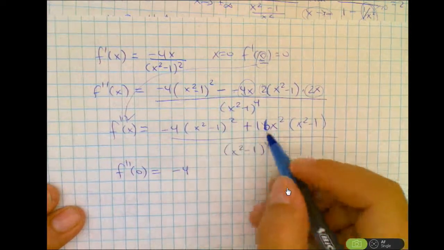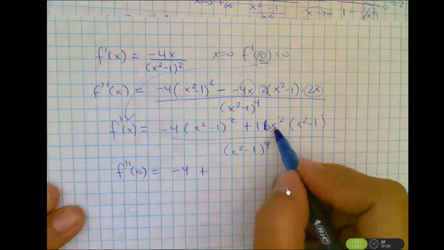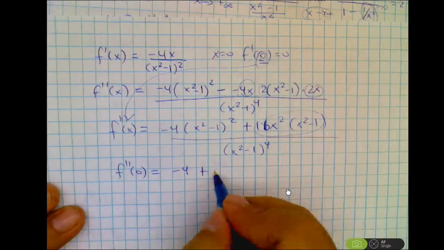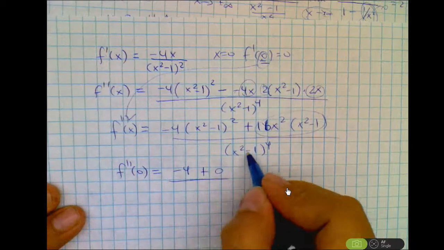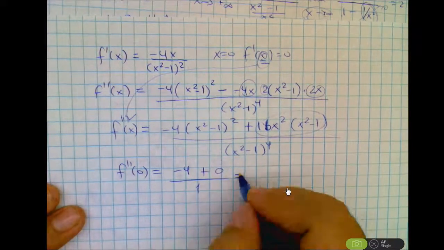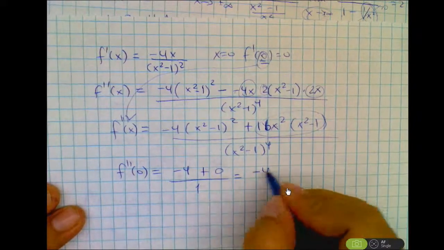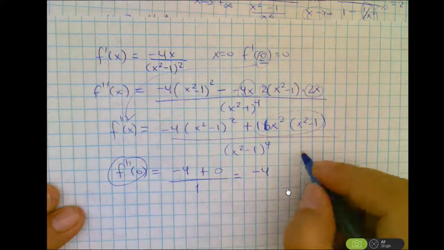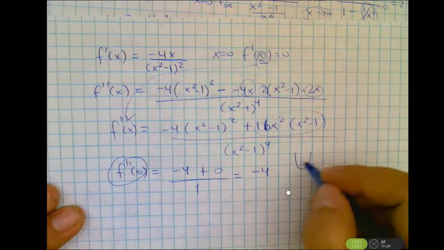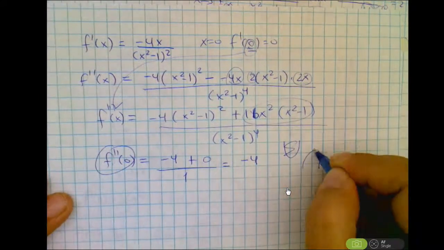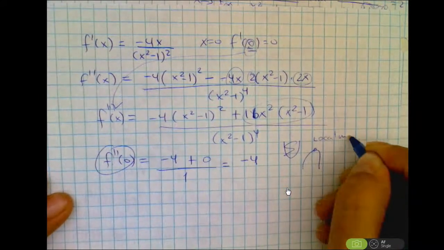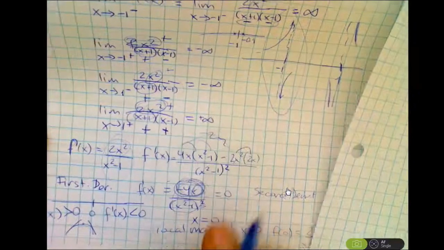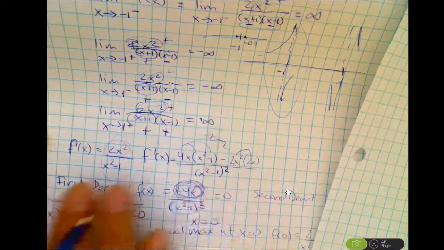This is 1, plus this is 0 squared, which makes everything in here 0, and then this makes this 1. So this is negative 4. Since the second derivative is negative at 0, it concaves down, so you have a local maximum, which is the same result you got from the first derivative test: at 0 you have a local maximum.